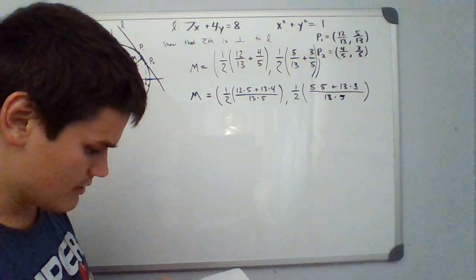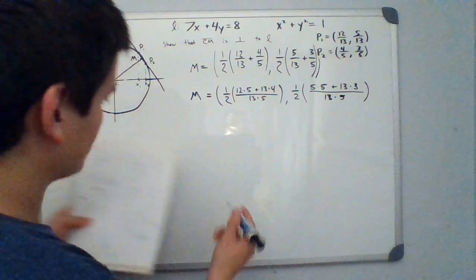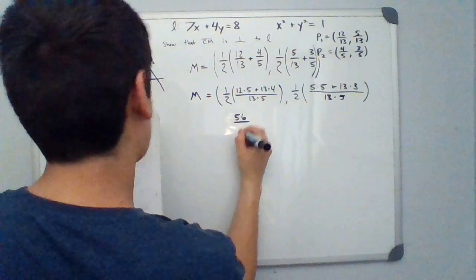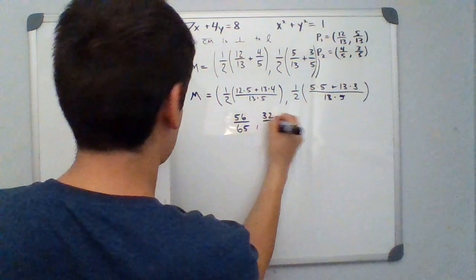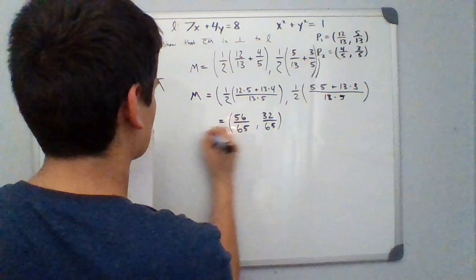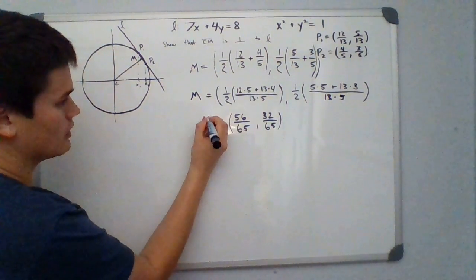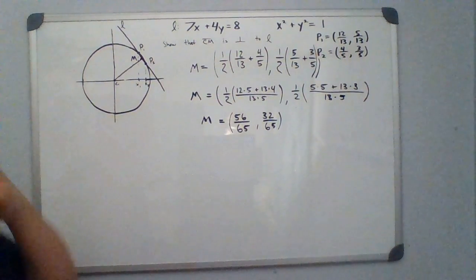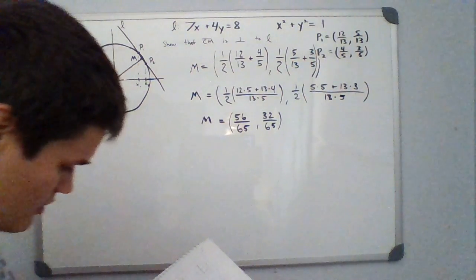Maybe I didn't. Okay, I didn't. So it's 56 over 65 and 32 over 65. And I'm sorry I'm not going to show every step-by-step process here, because I think the videos are going to be really long.